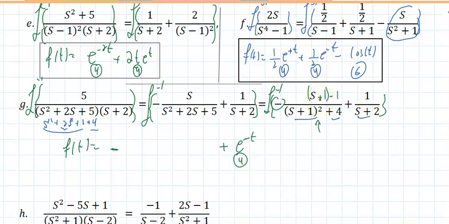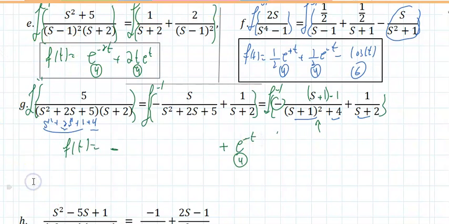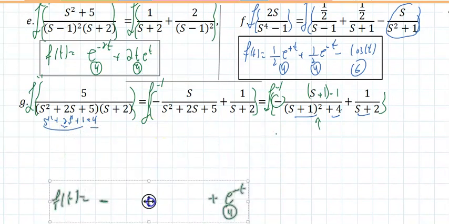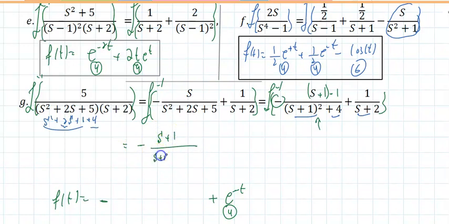And basically what I'm doing now, I'm really splitting this. So I know that's what the answer is, but still, I'm looking at this and I'm saying that is negative s plus 1 over s plus 1 squared plus 4.